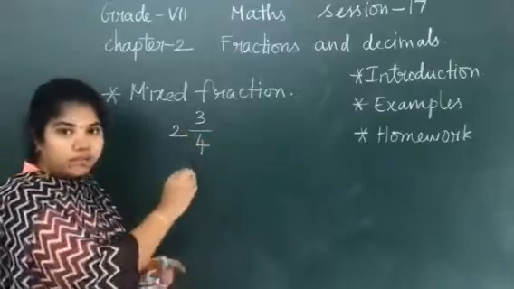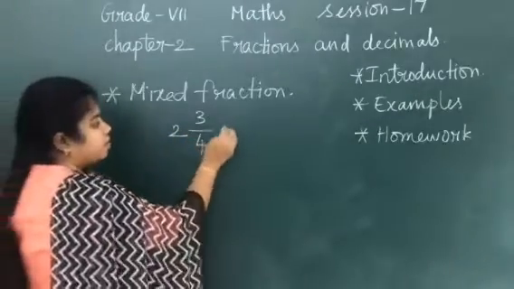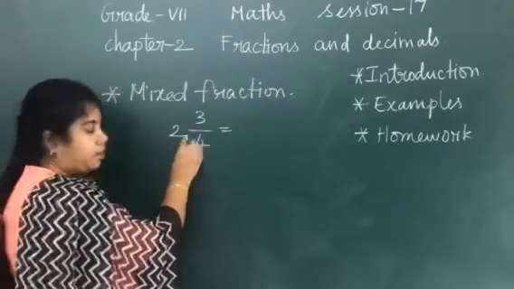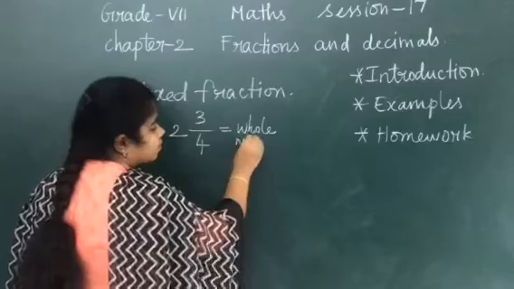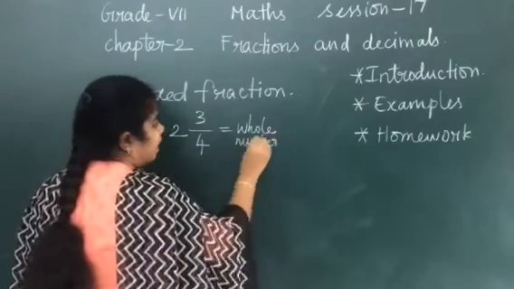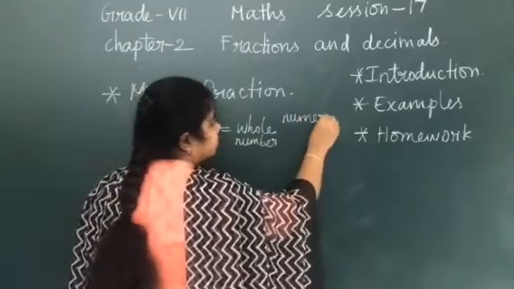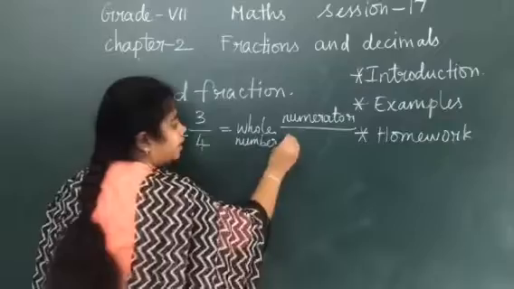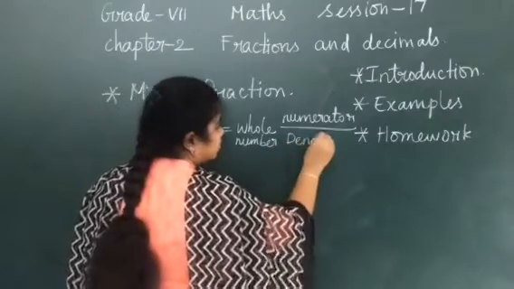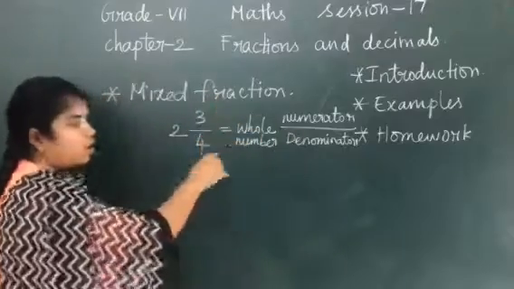Now, how to convert a mixed fraction to an improper fraction? Let us see. This is a whole number, right? And this is the numerator. And this is the denominator. This is what is given.